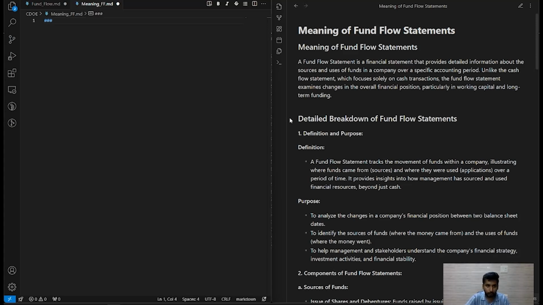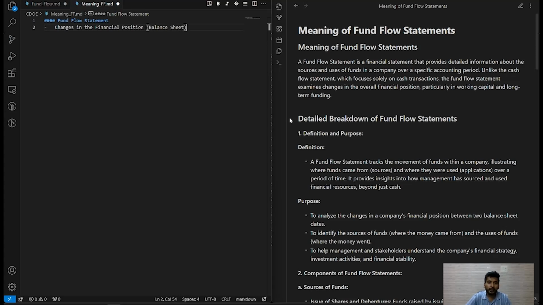So, when we talk about the term fund flow statement, it is talking about the changes in the financial position. And which thing analyzes the financial position of a company? It is the balance sheet.